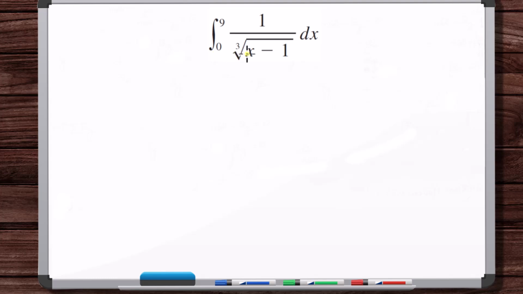Okay, at x is equal to 1, we're dividing by 0. So we want to say, split this up into two separate integrals. The limit as t approaches 1 from the left, and going from 0 to t.